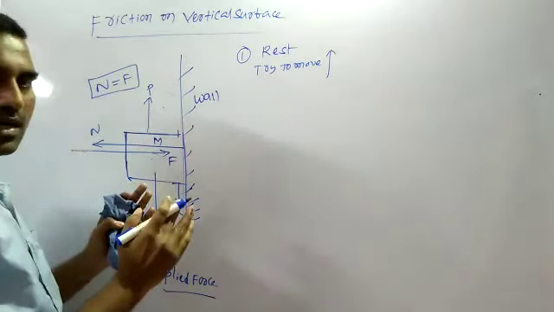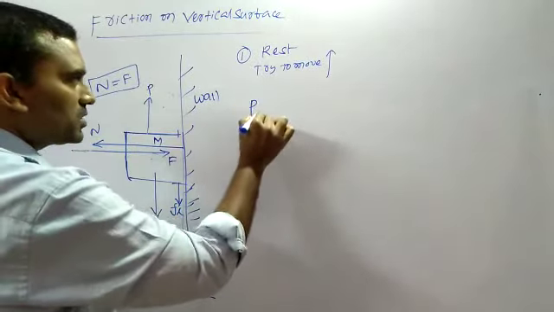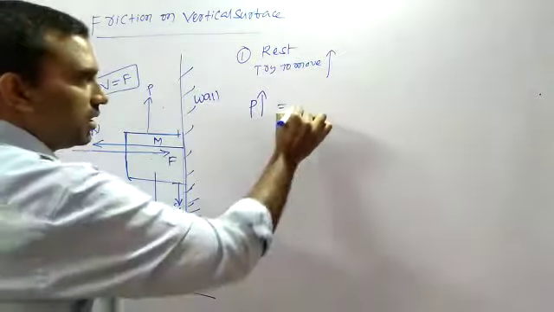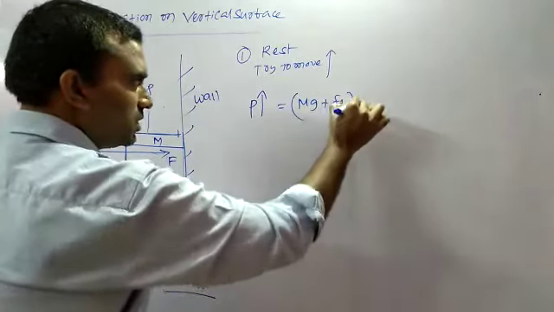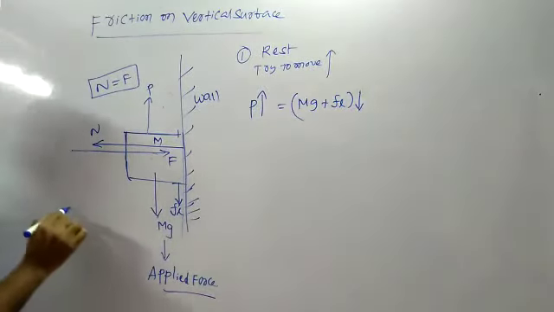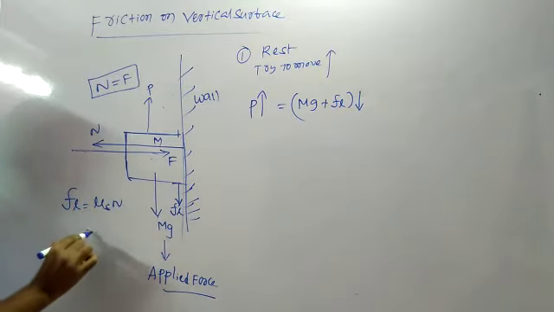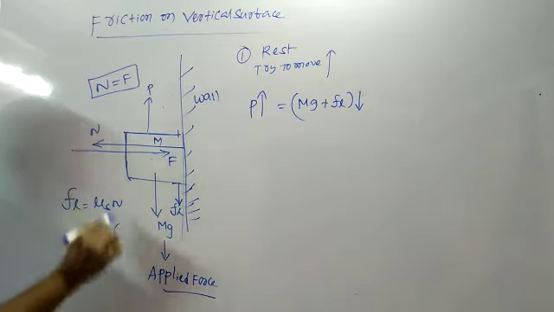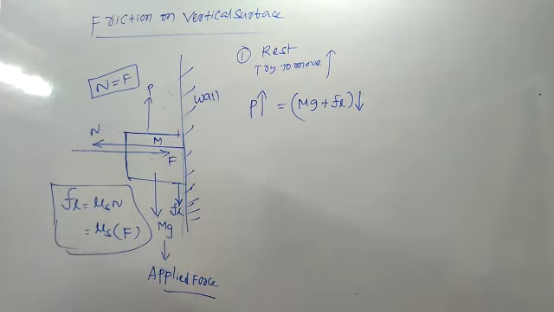Whenever the block is at rest, upward forces equal downward forces. Upward force is P, and downward forces are mg plus limiting friction. Limiting friction is equal to mu s into N, and N is equal to F, the applied force.